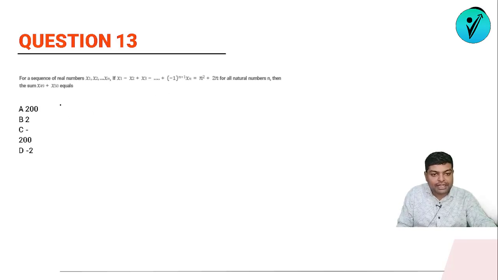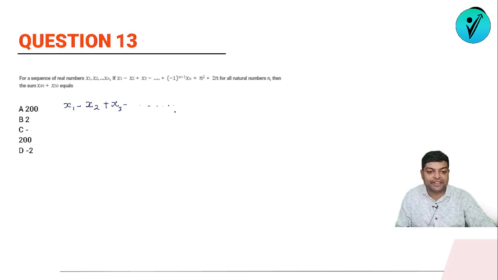Suppose you keep the value of n to be 50, so you will get x1 minus x2 plus x3 minus, okay, so in this way it will continue, and we have to get the value of x50. So 50 is an even number, so at the last I'll be having minus x50, because with an even number you have a negative sign and with an odd number you have a positive sign.